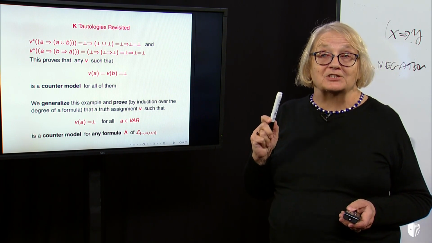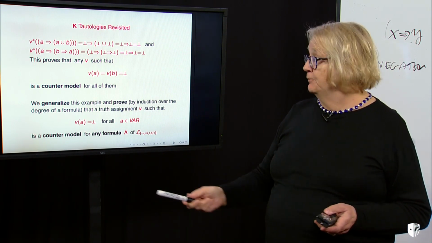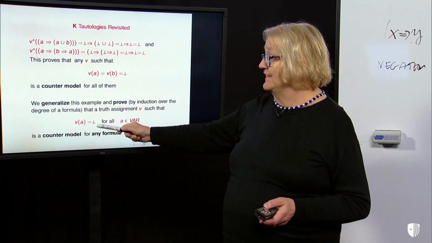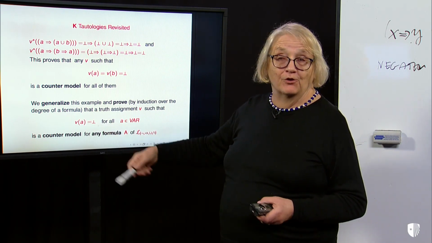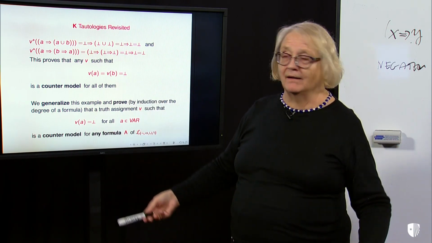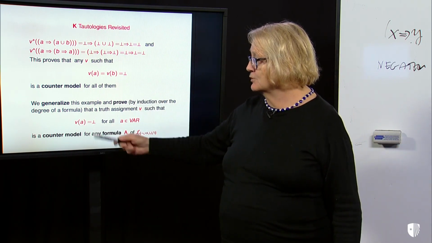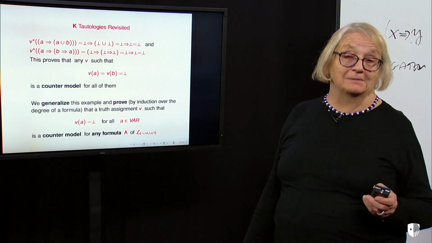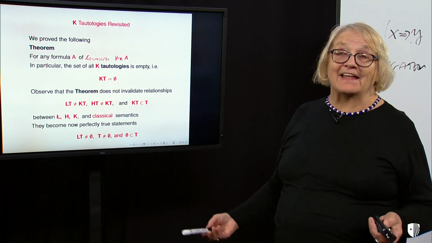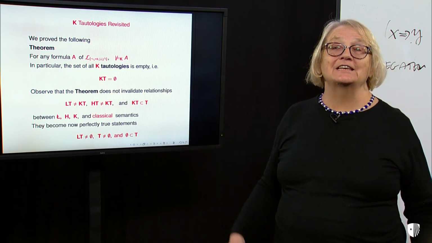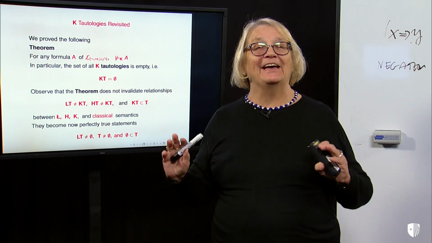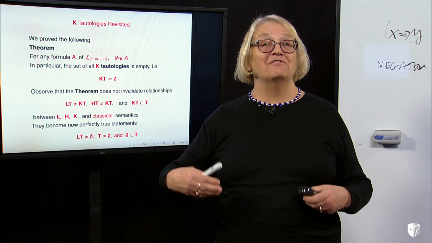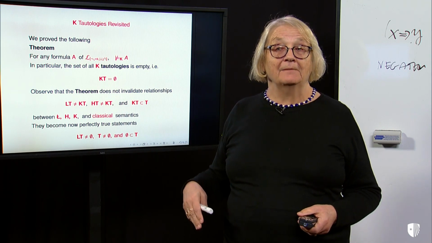And we generalize this example and prove by induction over the degree of the formula that, for any formula, whatever the variables are, the assignment where all variables are unknown is a countermodel. So we prove that the set of tautologies is empty. That's why we had the definition that semantics is well defined if the set of tautologies is not empty.